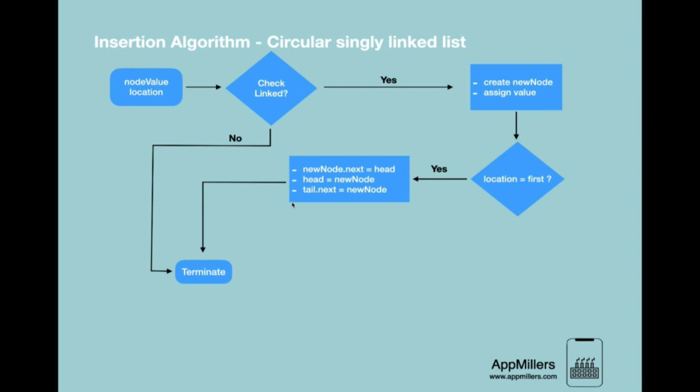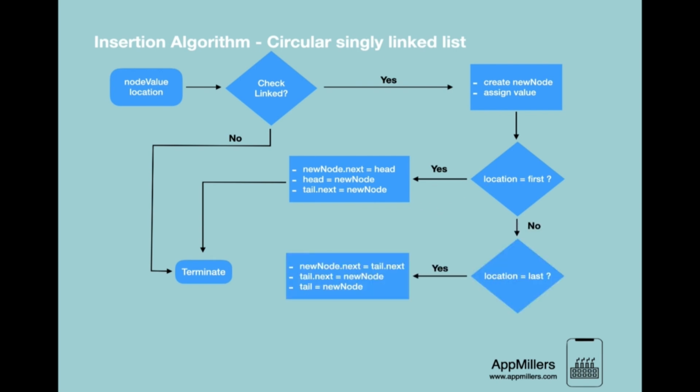So then we are continuing to next condition, in which we are checking location parameter again. So if the location parameter is equal to last, it means that we want to insert a new node at the end of circular single linked list. So in this case, all we have to do is create a reference from newly created node to the first node. We know that tail's next reference now points to the first node, so we are updating new node's next reference to the first node.